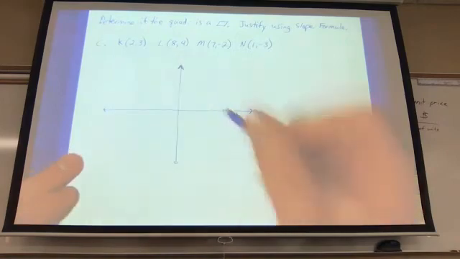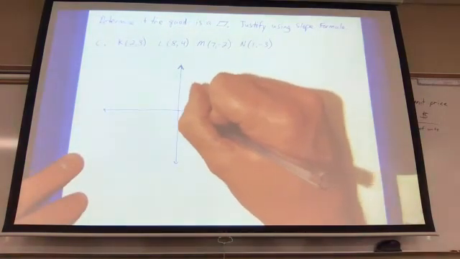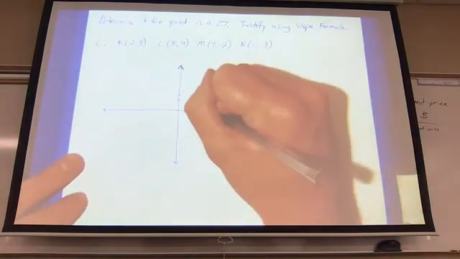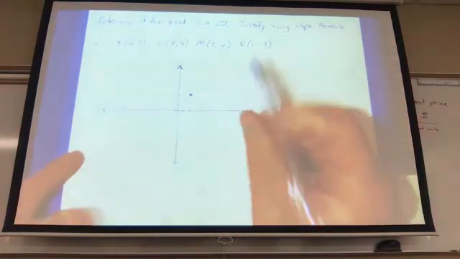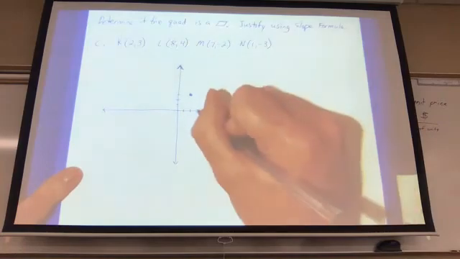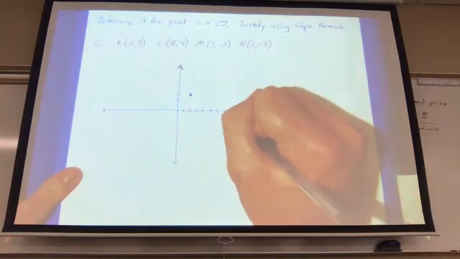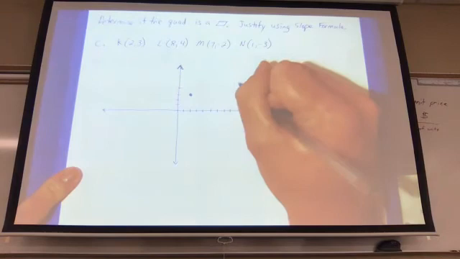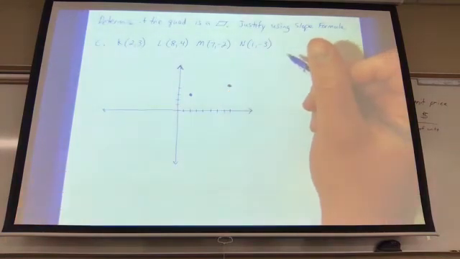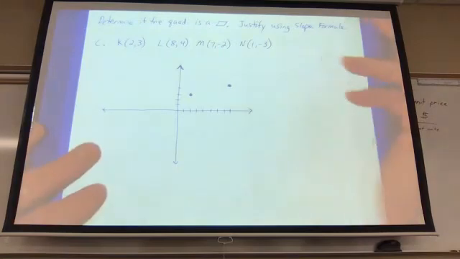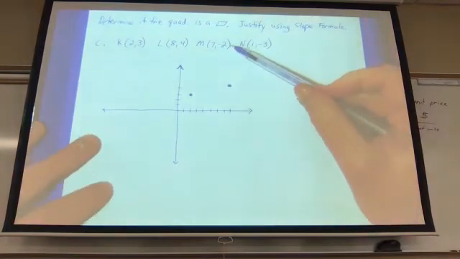Point K is at 2, 3, which takes me 2 to the right, up 3. Point L is at 8, 4, that takes us out 8, up 4. Point M is at 7, negative 2.